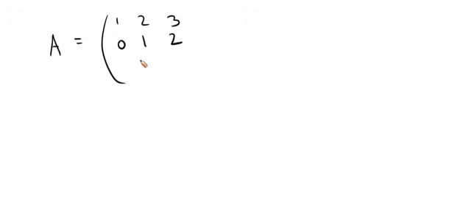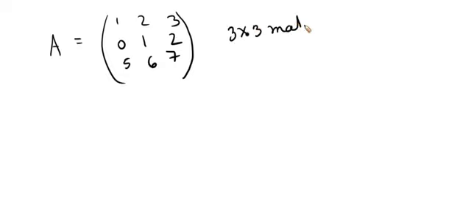So what can be an example of a subspace? Let's take a 3 cross 3 matrix A, and I have some real numbers over here. Now this is a 3 cross 3 matrix, right?